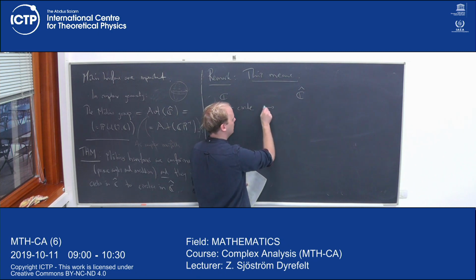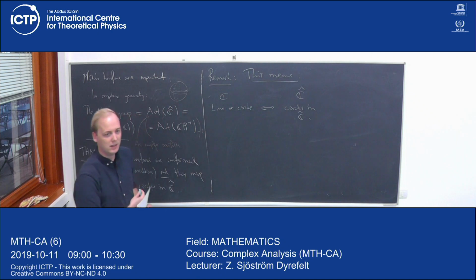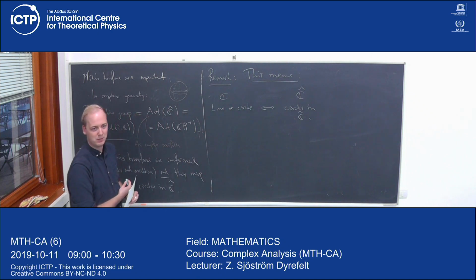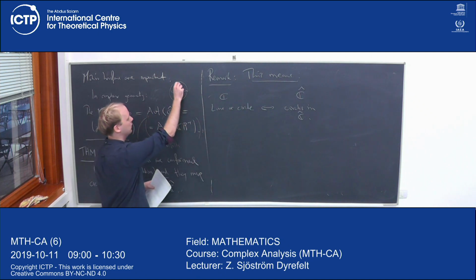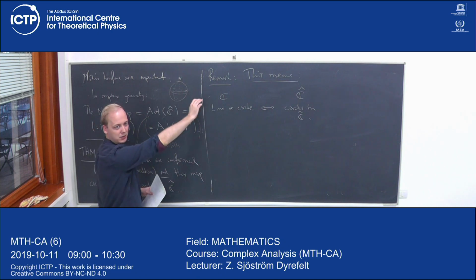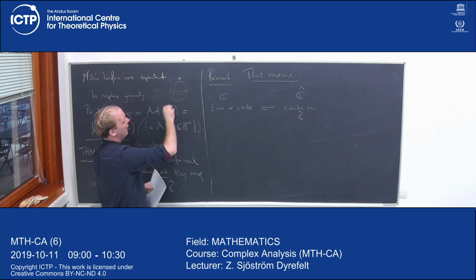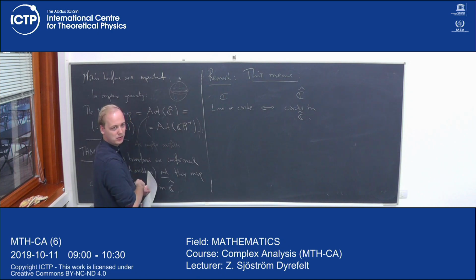Okay, so this corresponds to circles in C hat. This is what we said last time, that if you have a circle on here that goes through the North Pole, then it will become a line downstairs when you project it down. Is it clear to everyone how this works? Now you're starting to get the intuition. And if you have another circle such as this one, then it's projected down to a circle.